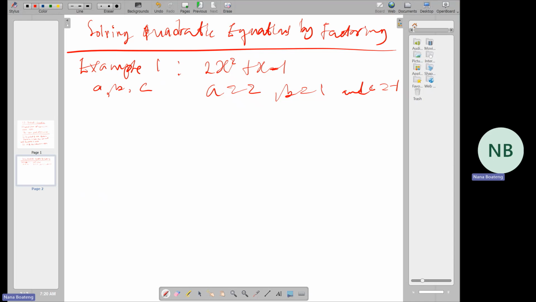All right, the next thing we want to do is factorize this.